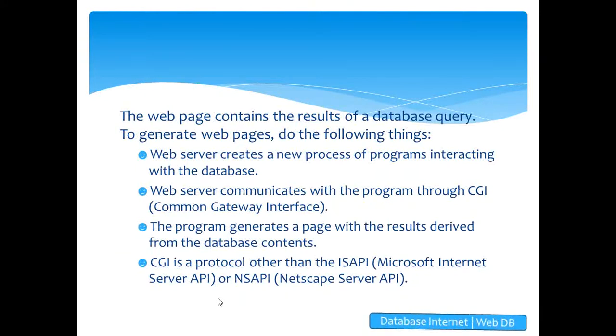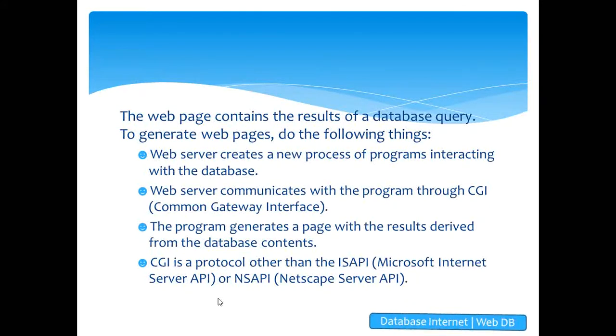The program generates a page with the result derived from the database contents. CGI is a protocol other than ISAPI, Microsoft Internet Server API, or NSAPI, Netscape Server API.